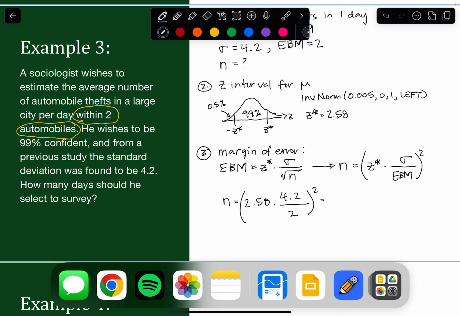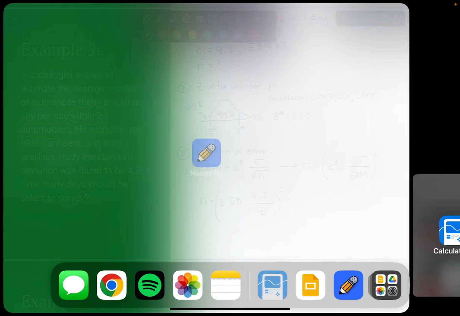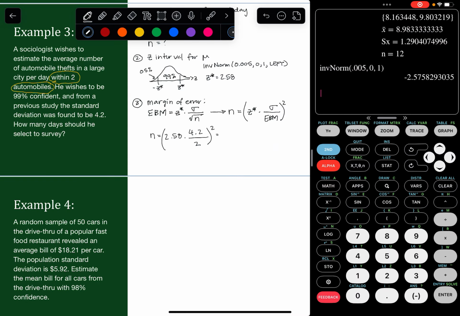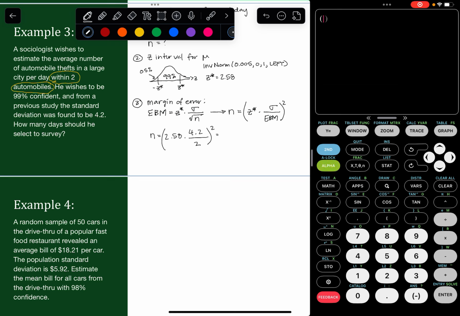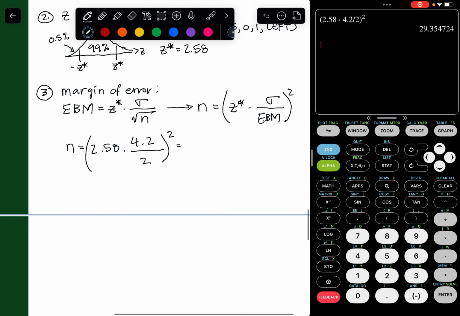Unlike confidence intervals, there isn't a built-in formula for this on the calculator. There isn't a function call. We're going to have to type this in. So parentheses 2.58 times 4.2 divided by 2, and then I'm going to square that whole thing, and we get 29.35, so 29.4.